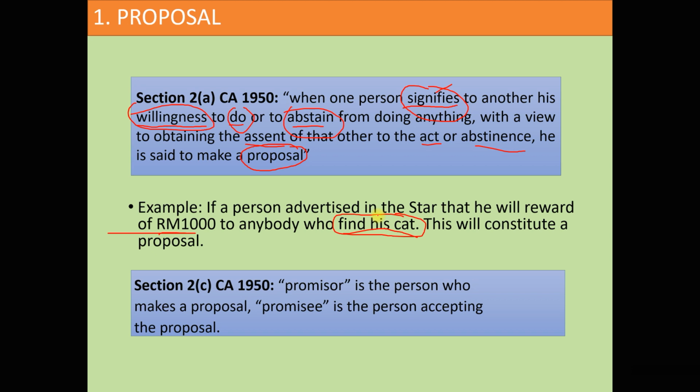One we call the person who makes a proposal, which is a promisor, and the other party who accepts that proposal is called a promisee. Okay, there cannot be a unilateral contract, meaning to say there cannot be only one. There must be somebody else who accepts the proposal.